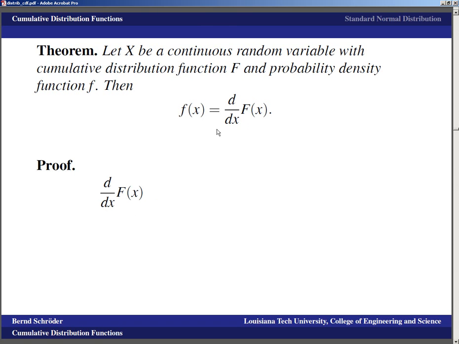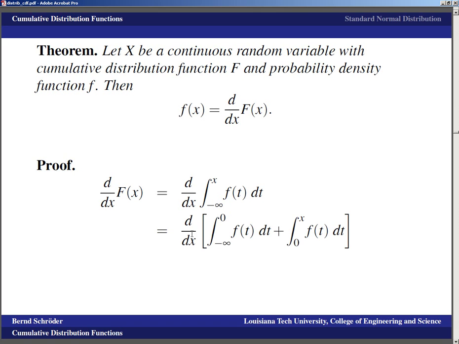If we take the derivative of the cumulative distribution function, then that is the derivative of the integral from negative infinity to x of the density, and we know that that is the derivative of, just to really fit the form of the fundamental theorem of calculus in its derivative form, the integral from negative infinity to 0 of the density plus the integral from 0 to x of the density.